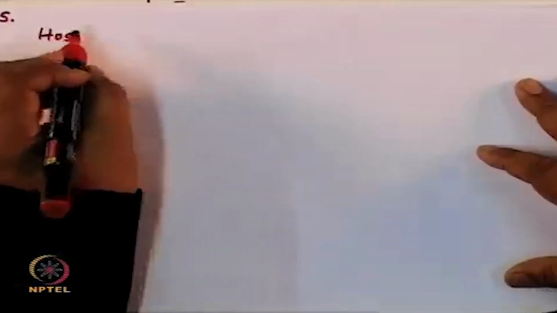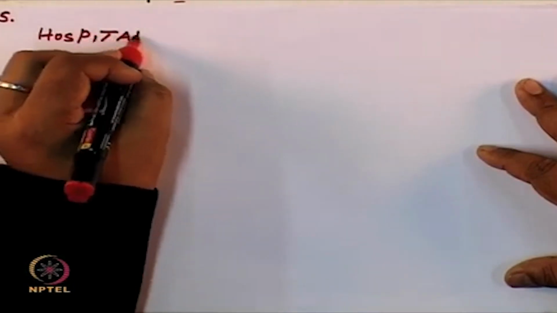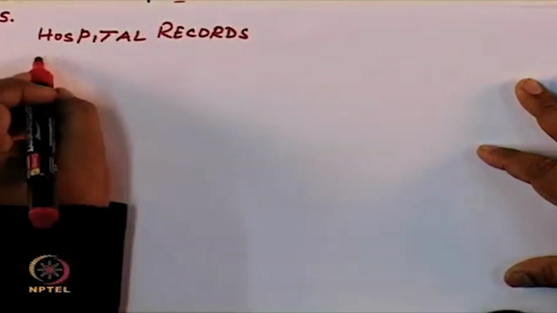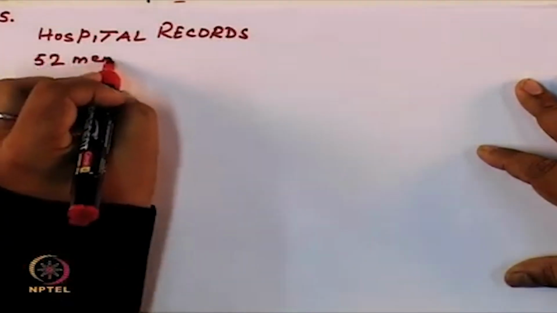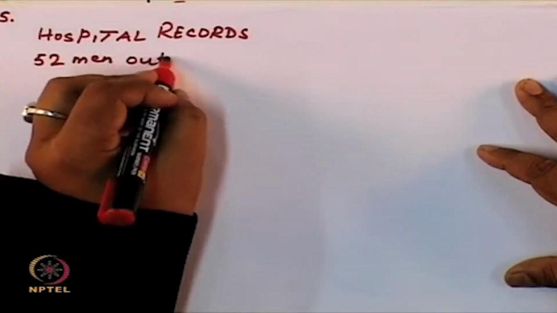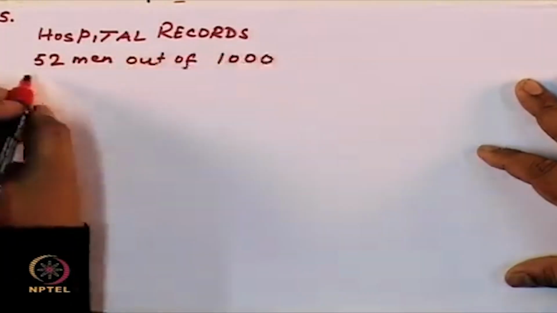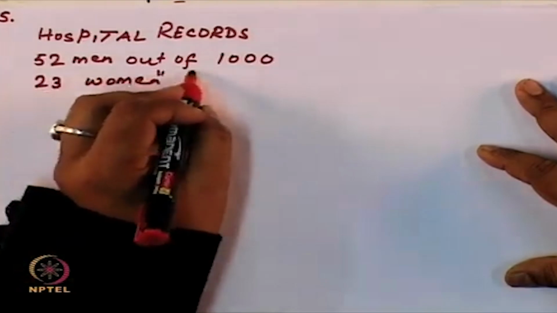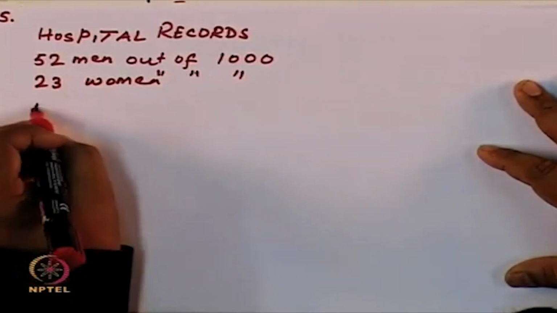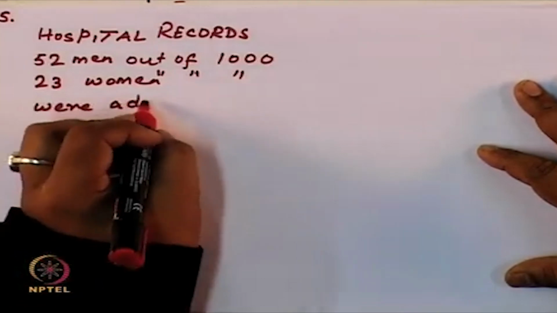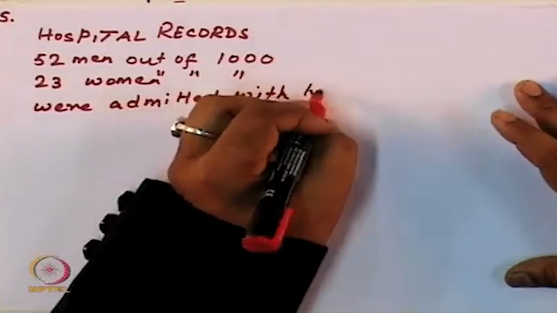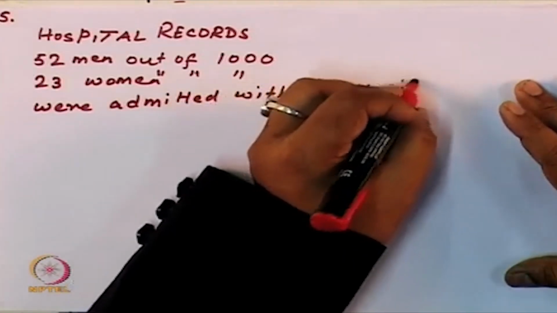Imagine hospital records of a given hospital suggest that 52 men out of 1000 and 23 women out of 1000 were admitted with heart disease, heart ailments.